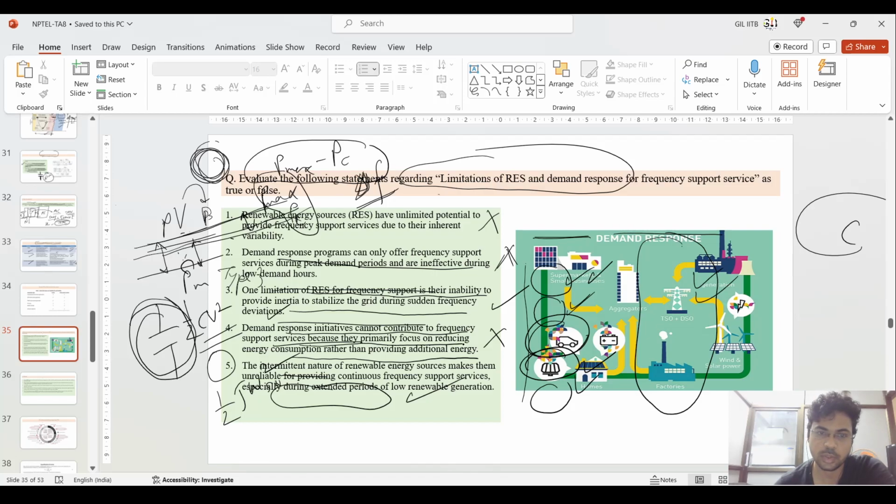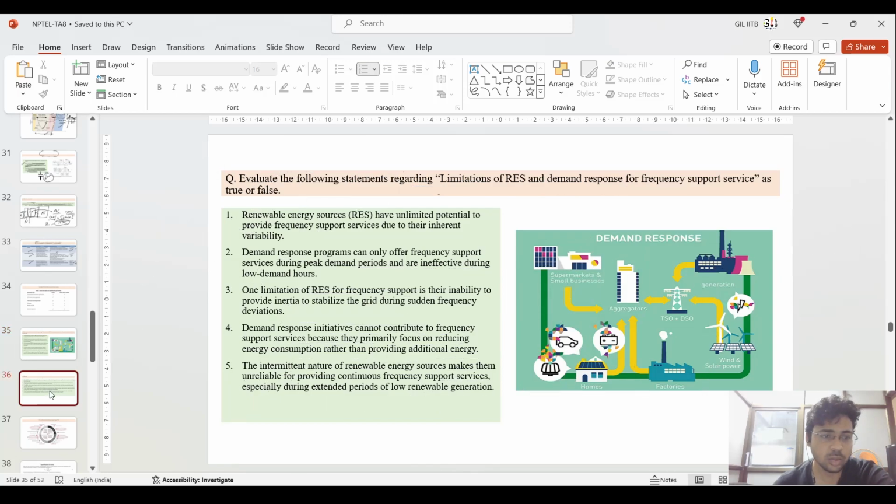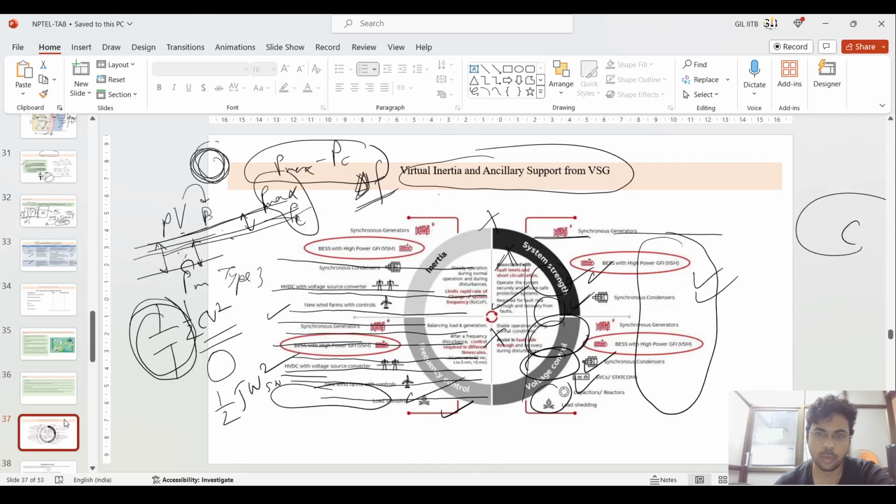That is false, because you can buy the energy from these demand response systems which are already there. It can participate in the energy market. The last one says the intermittent nature of renewable energy sources makes them unreliable for providing continuous frequency support services, especially during extended periods of low renewable energy generation. That is true.